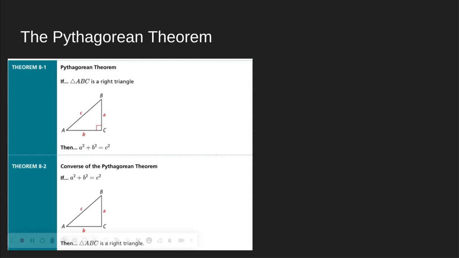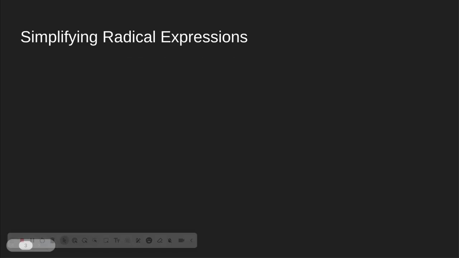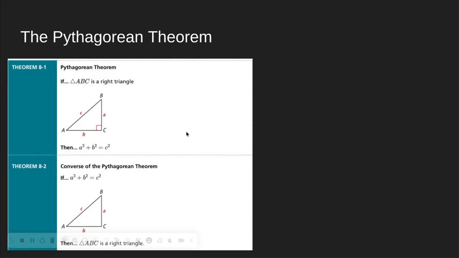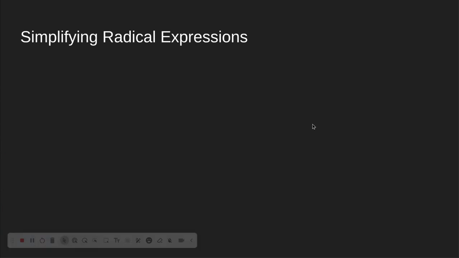In other geometry books, they'll teach you that if a squared plus b squared is bigger than c squared, then you have not enough hypotenuse, and that will be an acute triangle. If a squared plus b squared is less than c squared, then you're going to have an obtuse triangle.